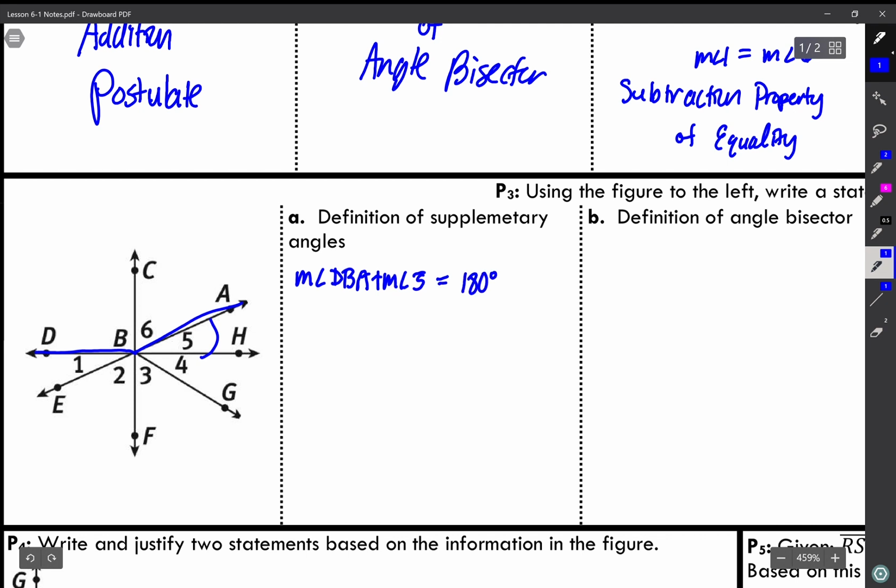We see they form that right line. So that is an example of something you might see. We also might use what we call the linear pair postulate, and we'll introduce that in the next lesson. So you would normally see, and this is probably more accurate, if angle DBA and angle 5 are supplementary, then the measure of DBA plus the measure of 5 is equal to 180 degrees. Okay?